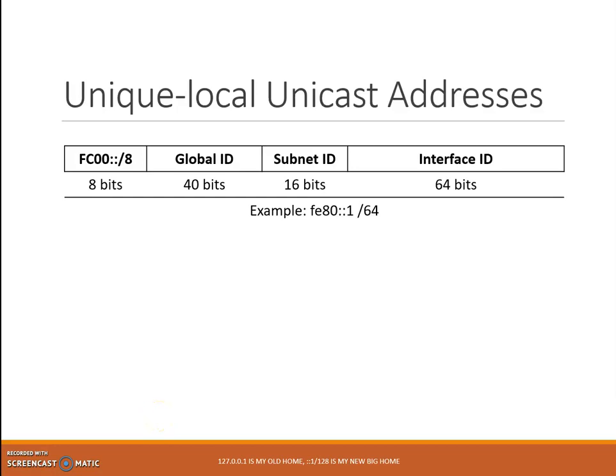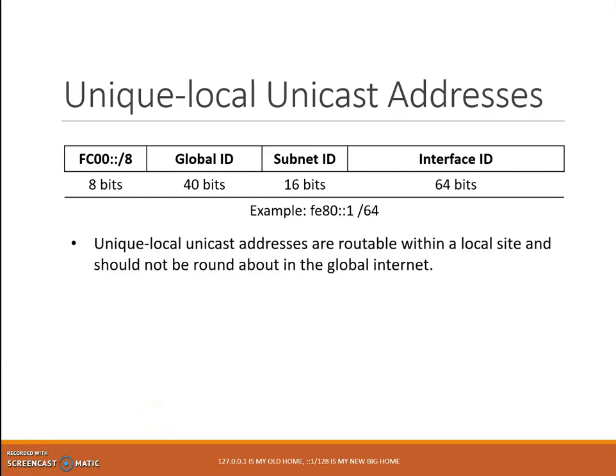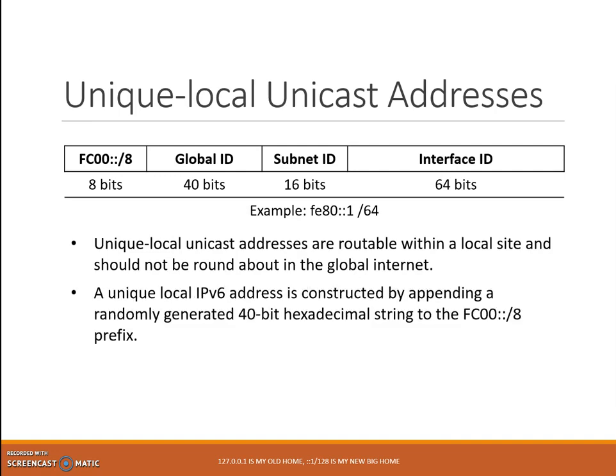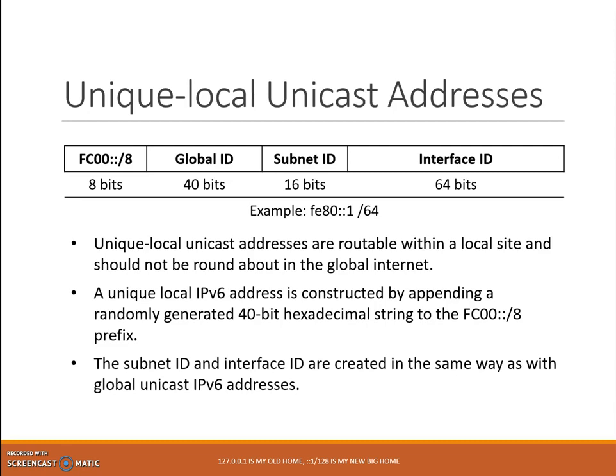Unique local unicast addresses. These addresses are routable within a local site and should not be routed in the Internet. As shown in the figure, a unique local IPv6 address is constructed by appending a randomly generated 40-bit hexadecimal string, which is called the global ID, to the FC00::/8 prefix.